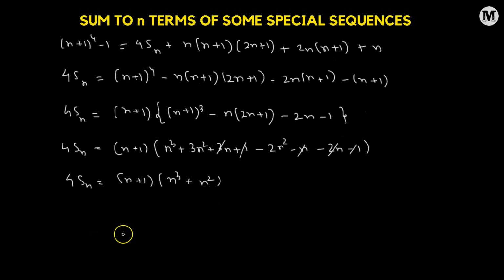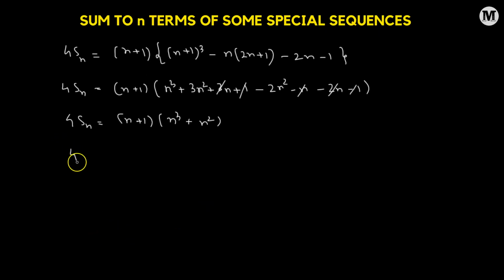Further simplification gives us 4 times Sn equals, pulling out n squared, n squared times (n plus 1). So this is also going to be (n plus 1), so we are going to square this value. So Sn comes out to be n times (n plus 1) divided by 2 whole squared. So this is going to be the sum of the cubes of the first n natural numbers.